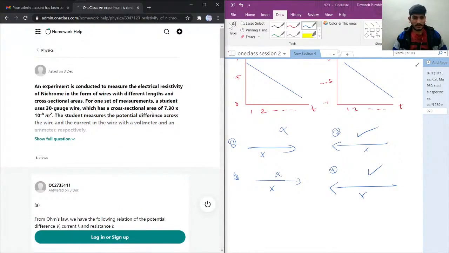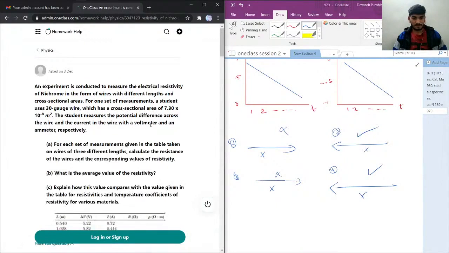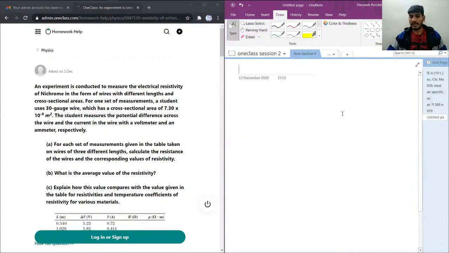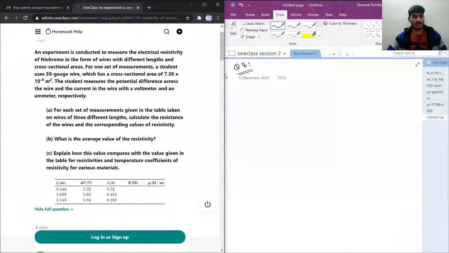Now this is going to be a lengthy question. This is question number 8. An experiment is conducted to measure the electrical resistivity of nichrome in the form of wires with different lengths and cross-section areas.